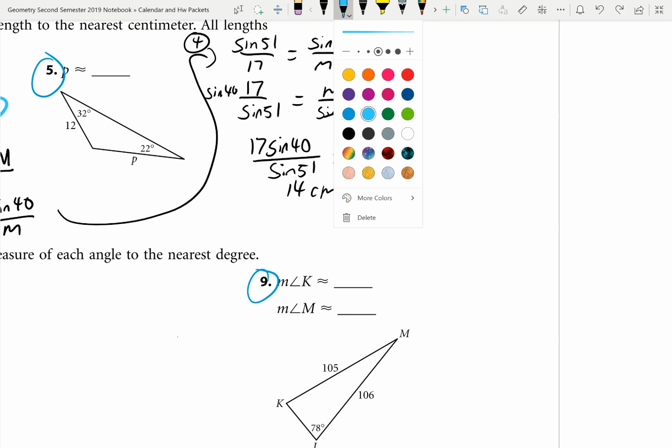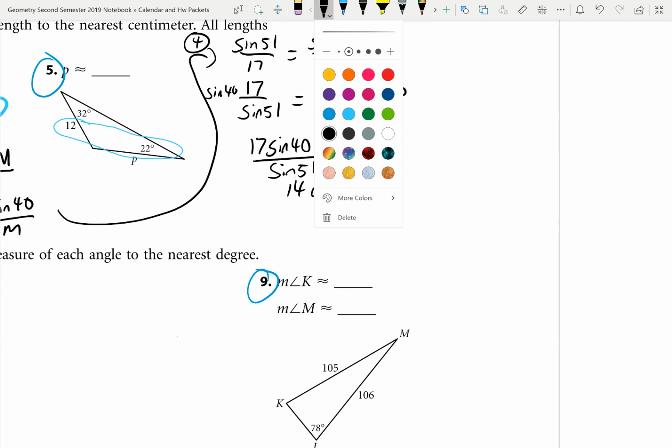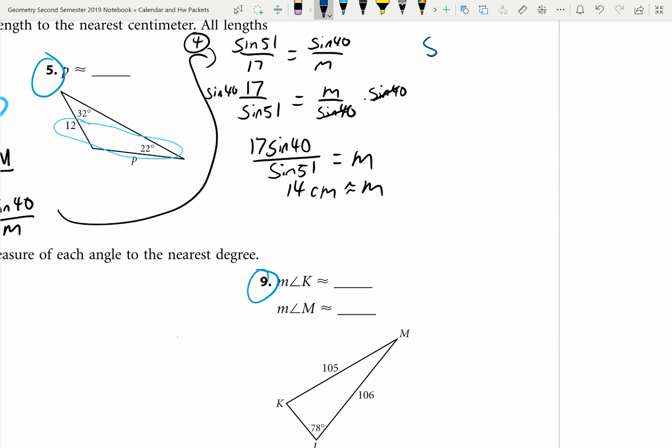I'm having issues with the pen, so I'll use a really thin one so I can see it better. Okay, let's use a different color here. This is going to be 5. For this one, let's call this angle P, and let's call this big A and little a.